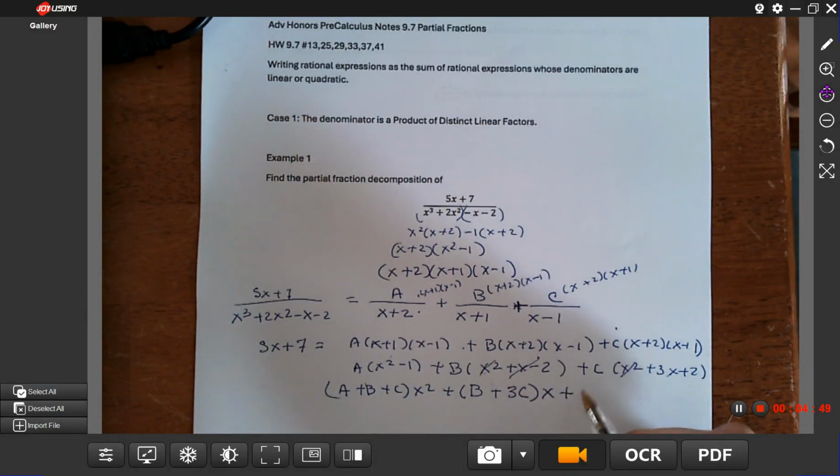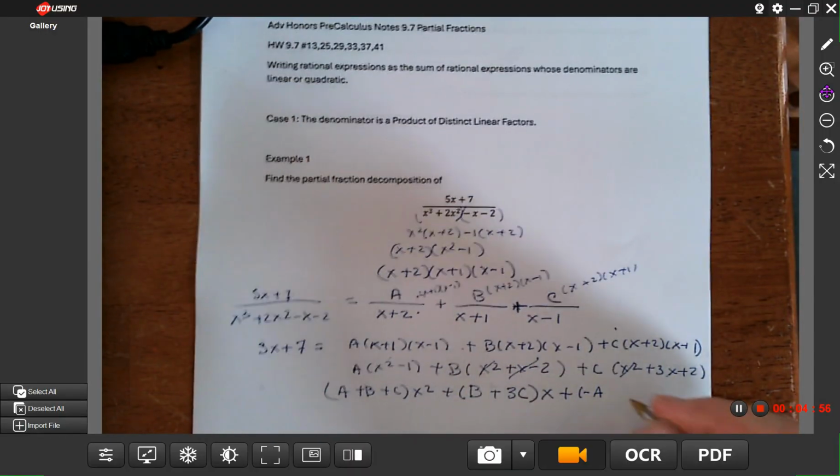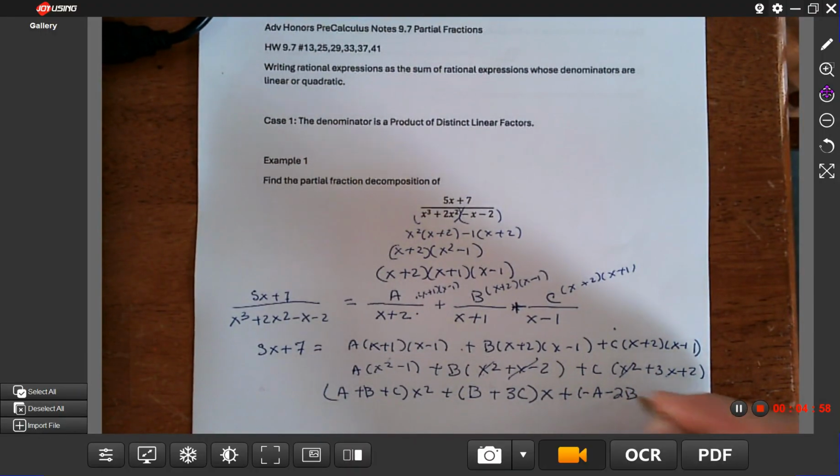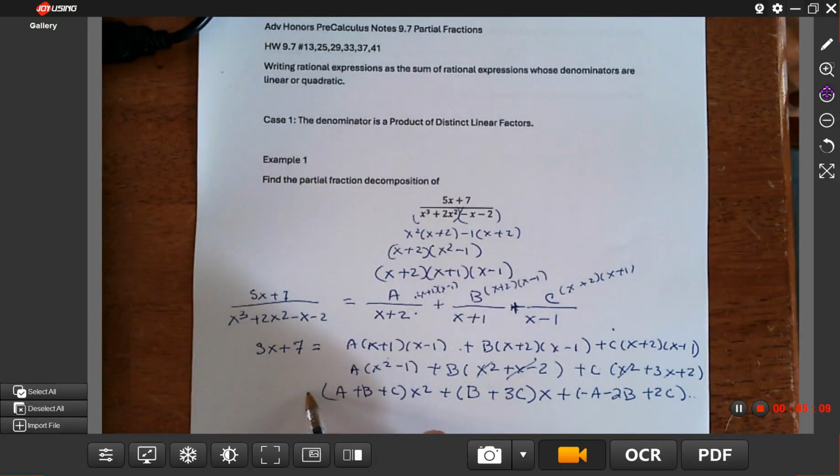And then my constant terms: I have a times negative 1, so negative a. And then b times negative 2, so negative 2b. And then c times 2, so 2c, and those are my constant terms. And again, this is all still equal to 5x plus 7.